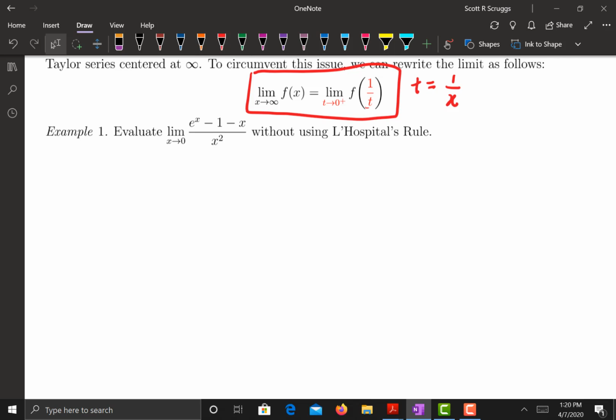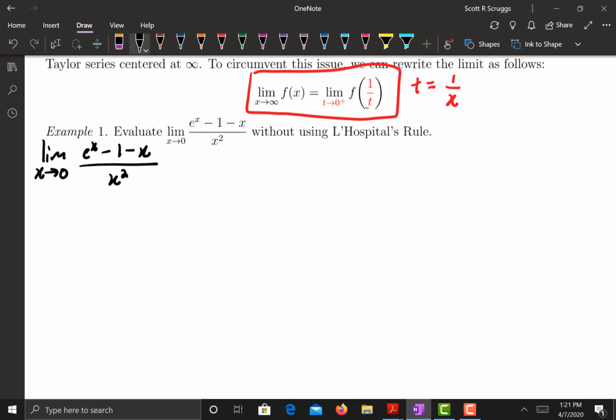But let's go ahead and see how we can use it for a typical limit. Let's try to evaluate this limit, e to the x minus 1 minus x over x squared, as x goes to 0. So I'll copy it back down here, limit as x goes to 0 of e to the x minus 1 minus x over x squared.